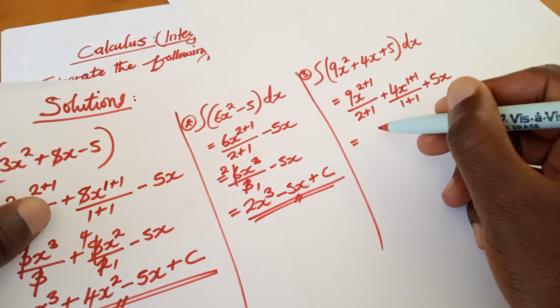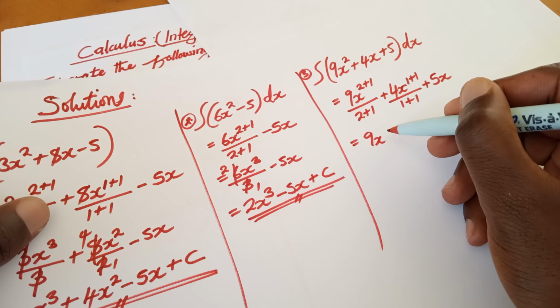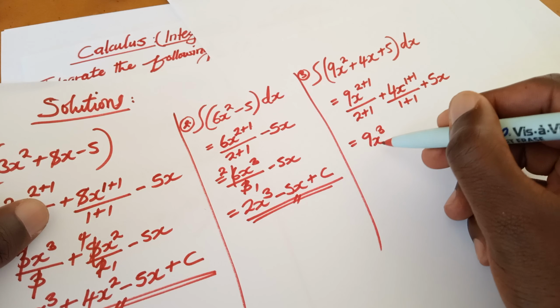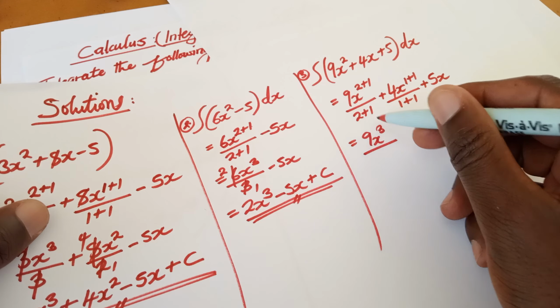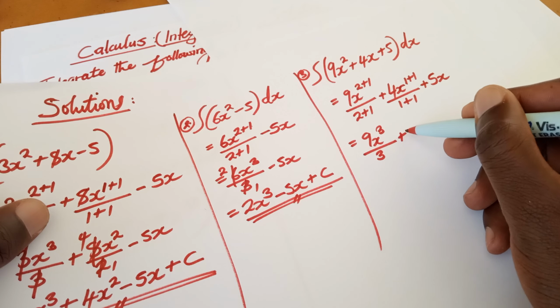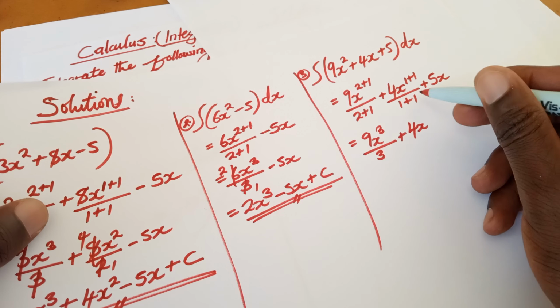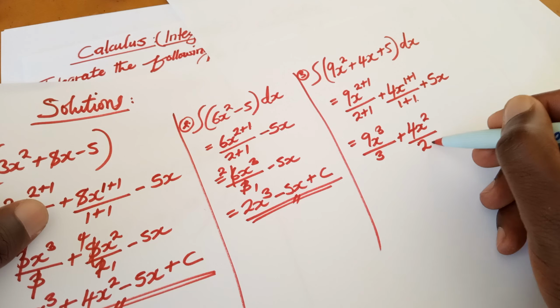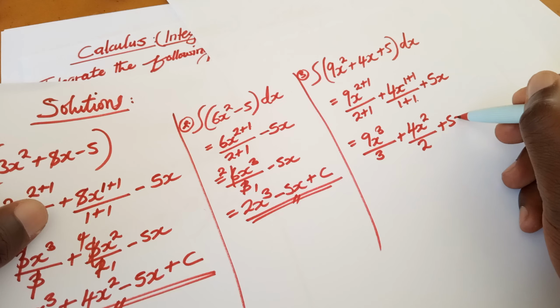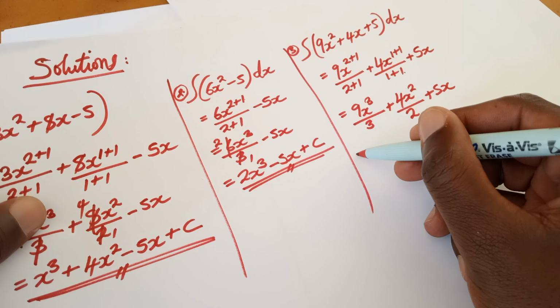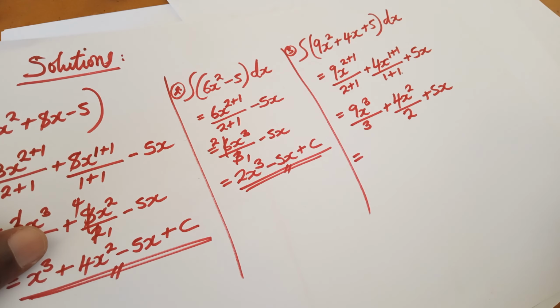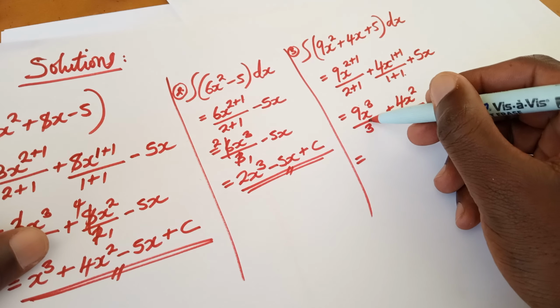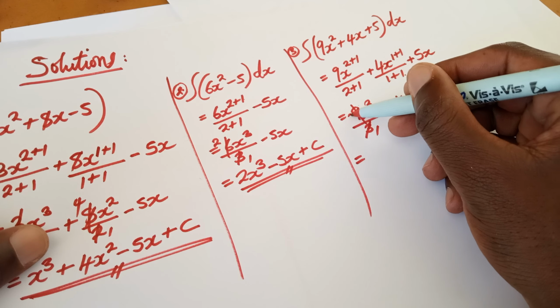So this will be equal to 9x, 2 plus 1 gives us 3, over 2 plus 1, again there is a 3, plus 4x, 1 plus 1 is 2, at the bottom 1 plus 1 gives us 2, plus 5x. When you reach this point, you simplify. 3 can go in 9, 3 into 3 is 1, 3 into 9 is 3.